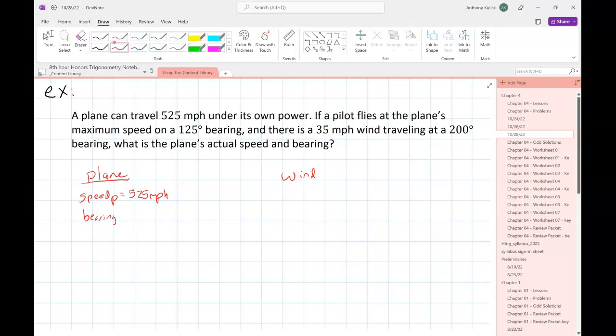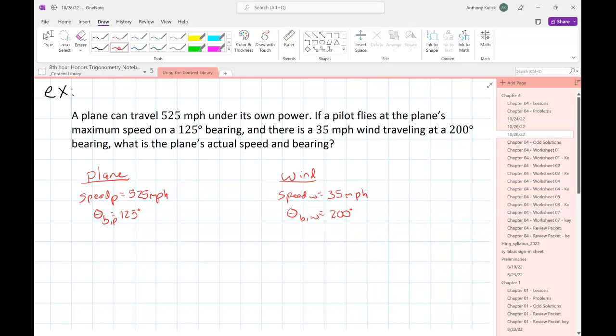Bearing for the plane, actually, let's write it this way, is 125. My wind, the speed for the wind is 35 miles per hour. The bearing for the wind was 200 degrees.